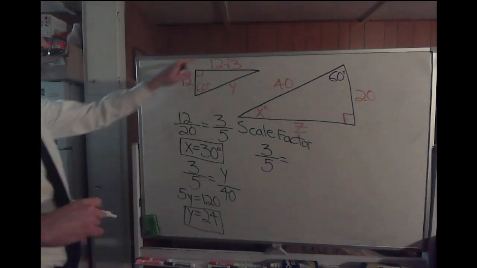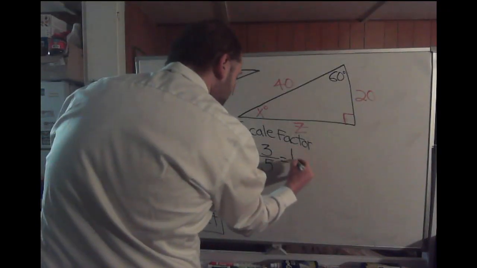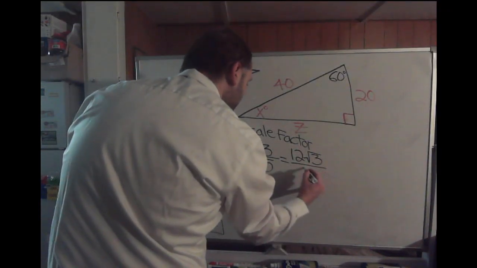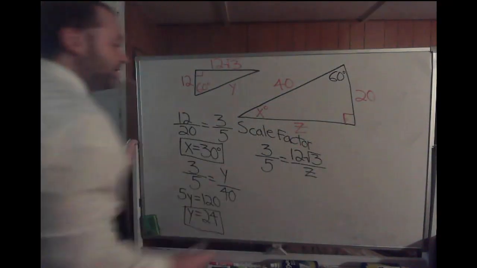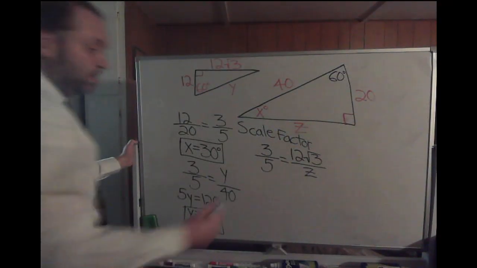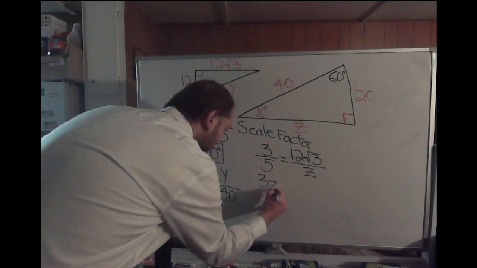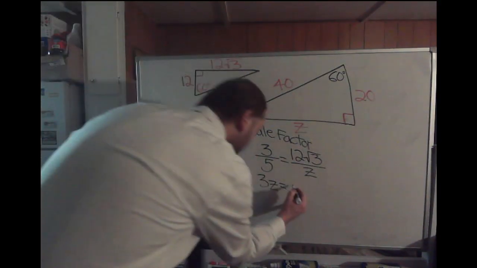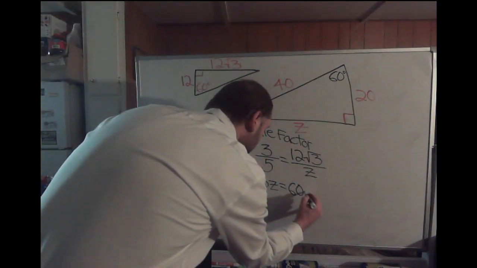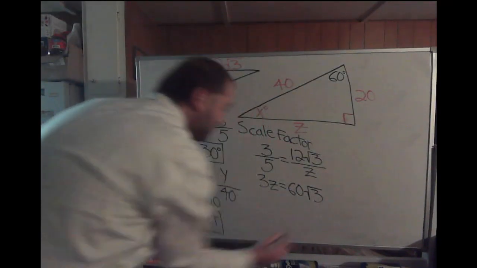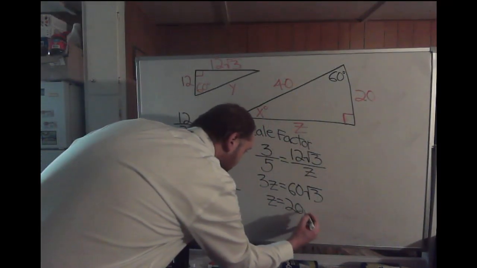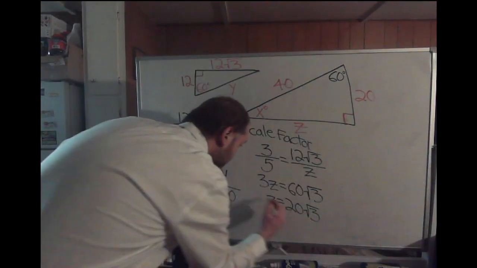So you're actually going to take 3 to 5, set that equal to 12 times the square root of 3 all over z. It's fun since we get a radical, which would give you that 3z is equal to 5 times 12 times the square root of 3, which would give you 60 times the square root of 3, which means that z equals 20 times the square root of 3.